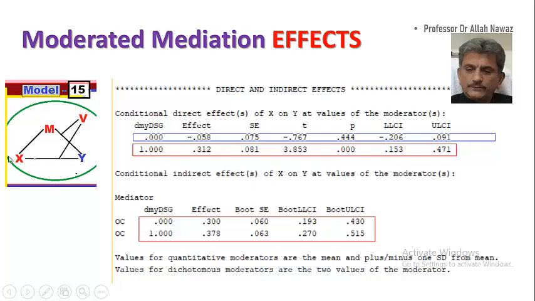While when X is affecting Y as an officer, the results are significant. The effect is 0.312 and it is significant as per values of T-score, which is greater than 1.96, P-value, as well as the confidence limits.